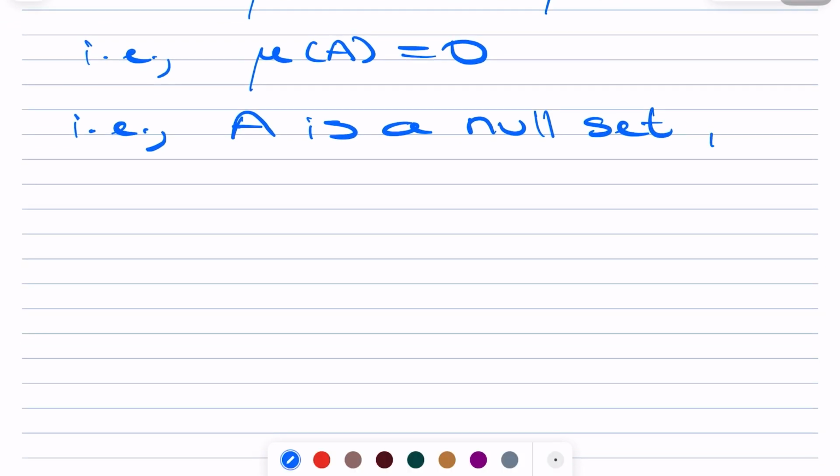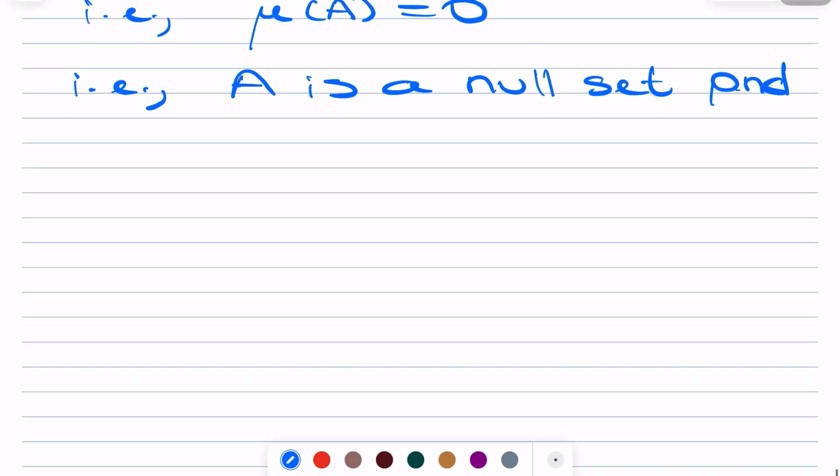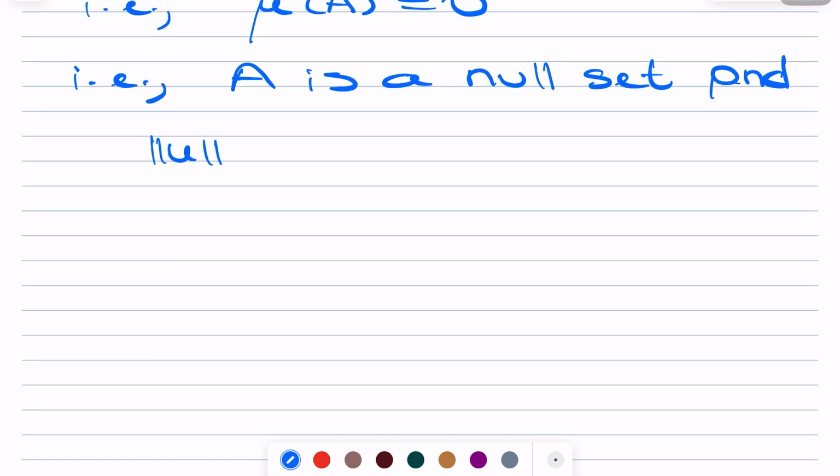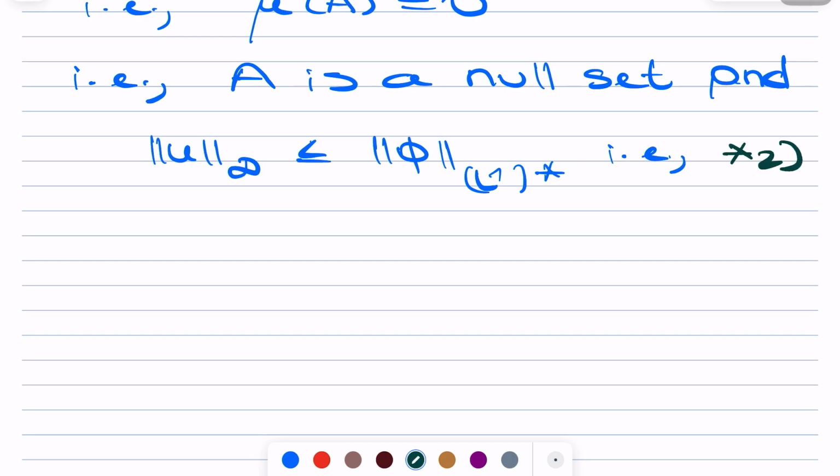And you also have that the norm of u infinity is less or equal than the operator norm on L1 of psi. So this means that star 2 actually holds. Okay, good.